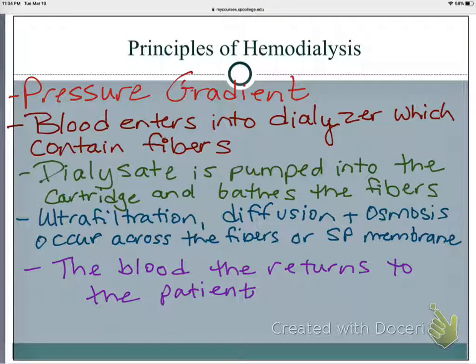The gradient is created by increasing the pressure in the blood compartment, a positive pressure, or by decreasing the pressure in the dialysate compartment, a negative pressure. So our extracellular fluid moves into the dialysate because of the pressure gradient. Excess fluid is removed by creating a pressure differential between the blood and the dialysate solution.